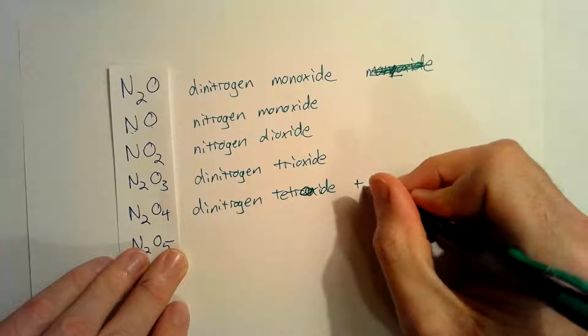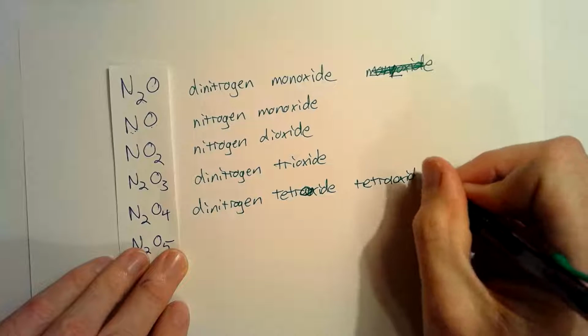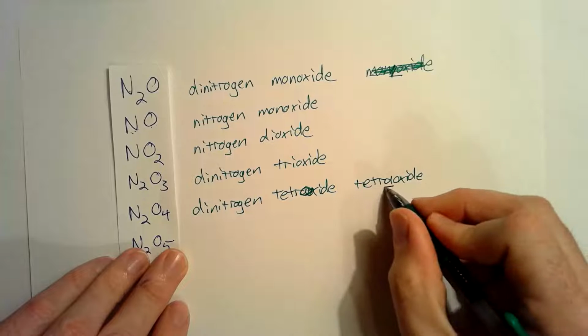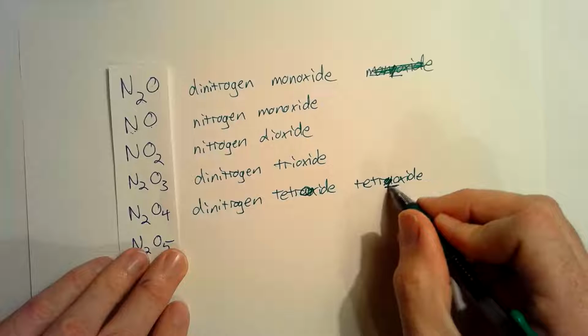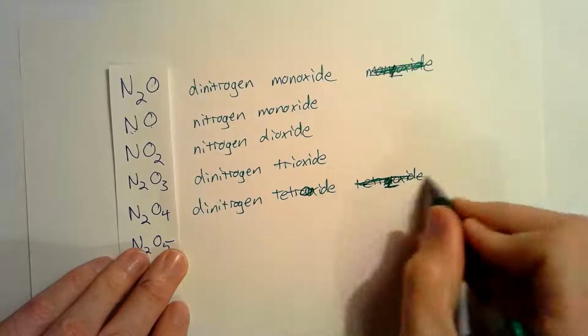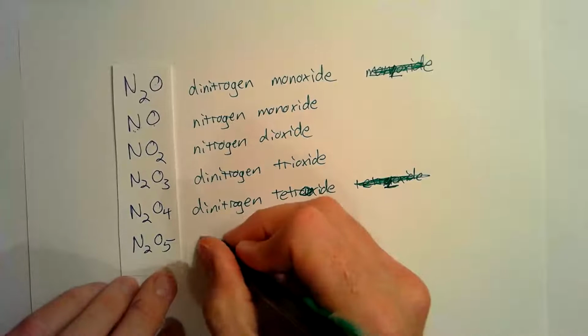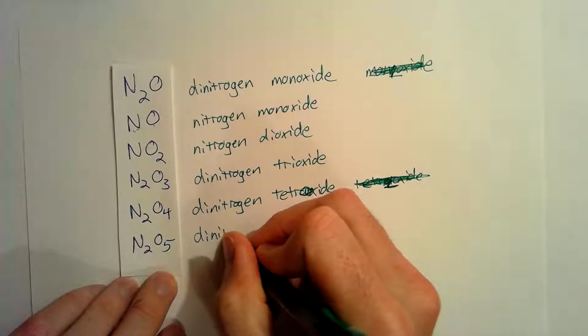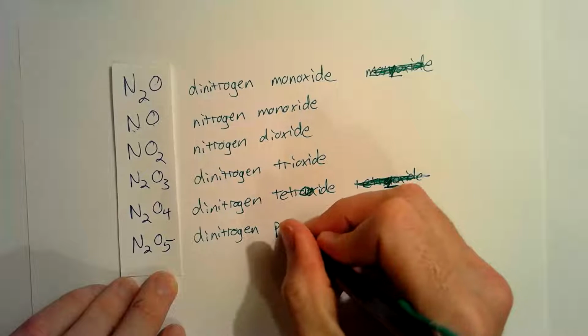Along the same lines, this one was going to be tetraoxide, and you see how there's 2 vowels here, the A and the O, so we actually just drop the A. So that's why it's tetroxide. And then this will be dinitrogen pentoxide.